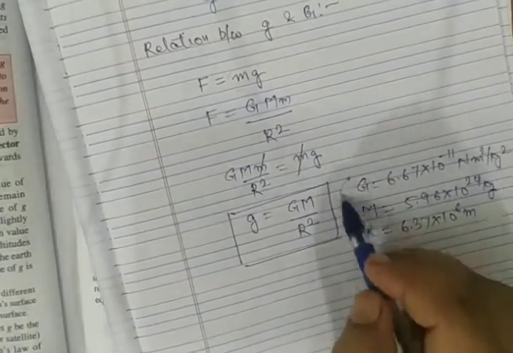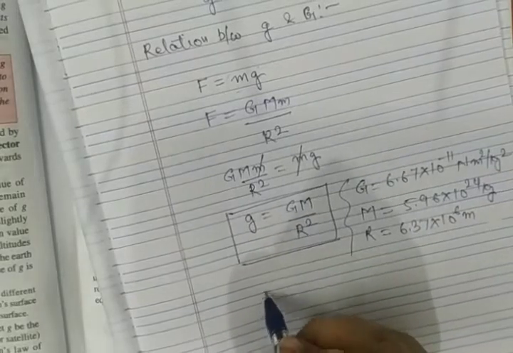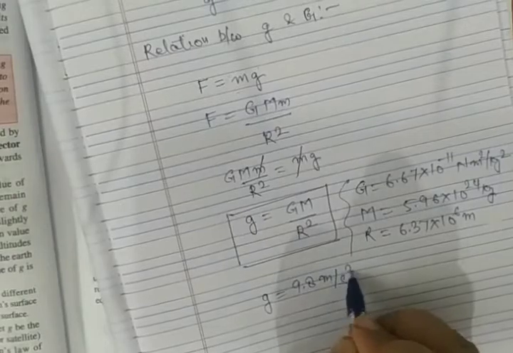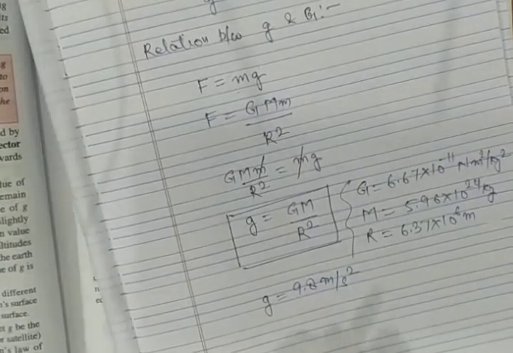If you put all these values into this formula, you will get g approximately equal to 9.8 meter per second square. Fine.